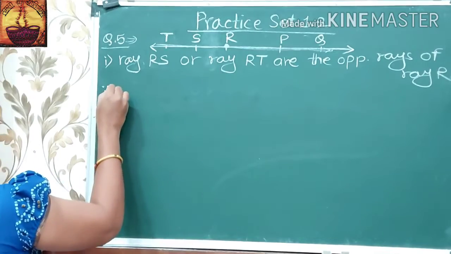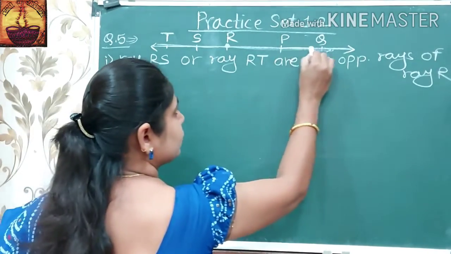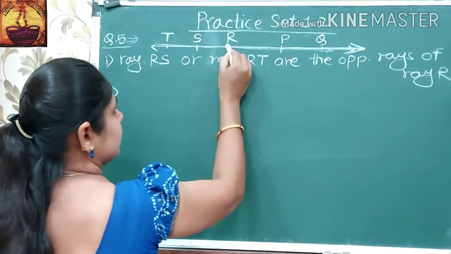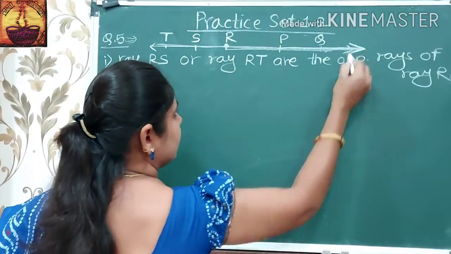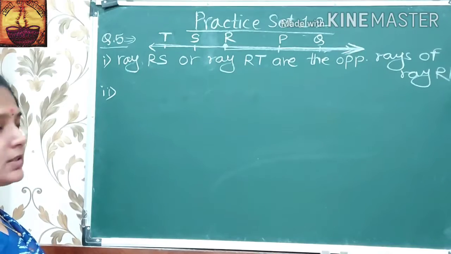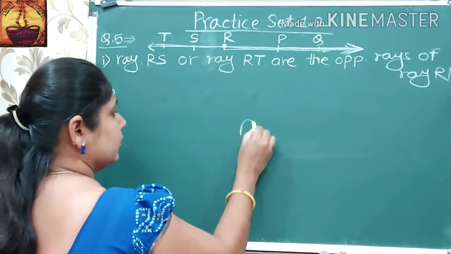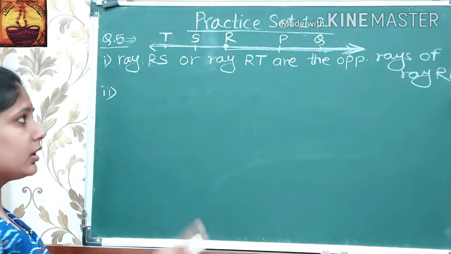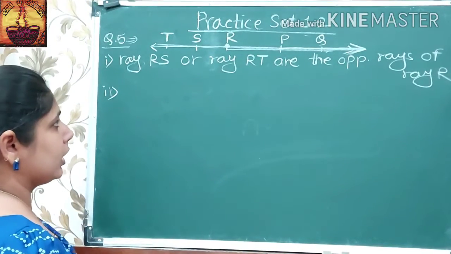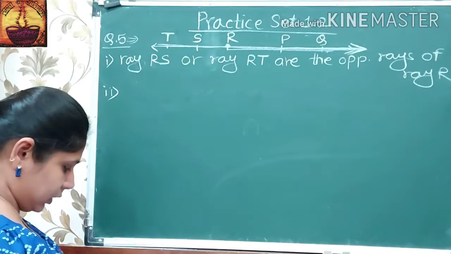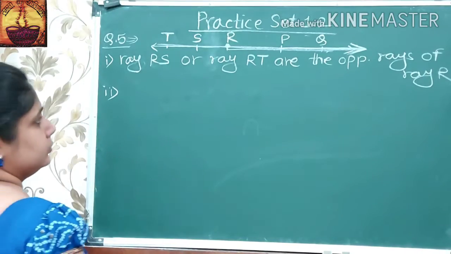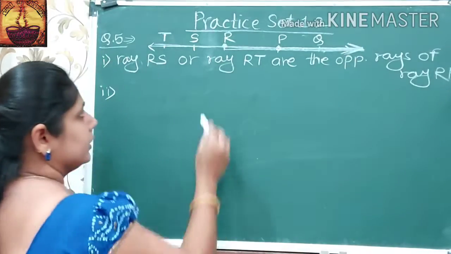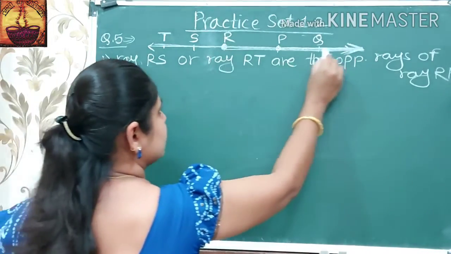Intersection set of ray PQ and ray RP. Intersection means the common part or common points between ray PQ and ray RP. Ray PQ starts from here and ray RP starts from here.